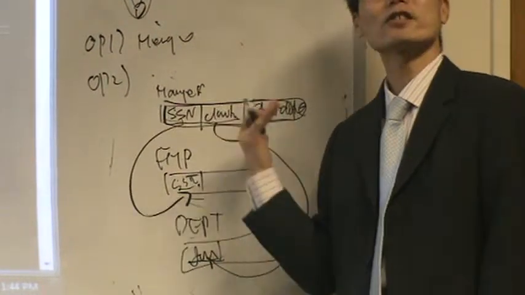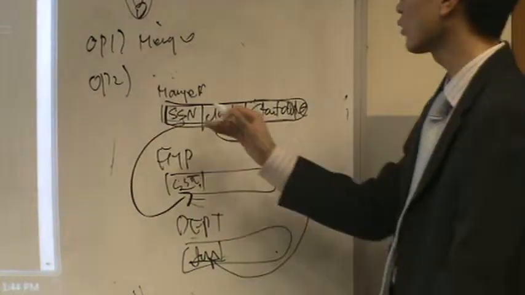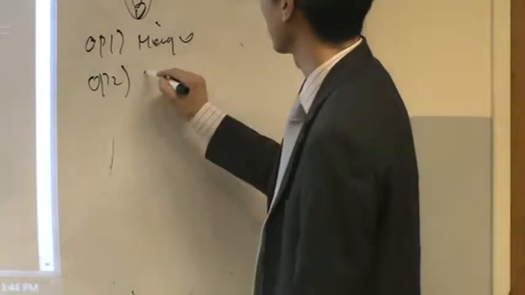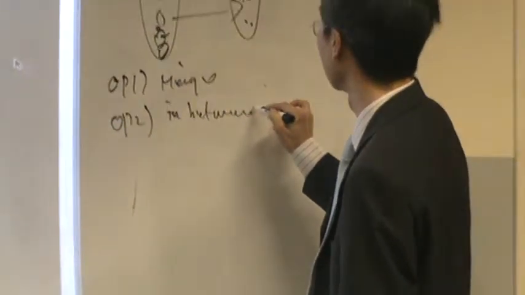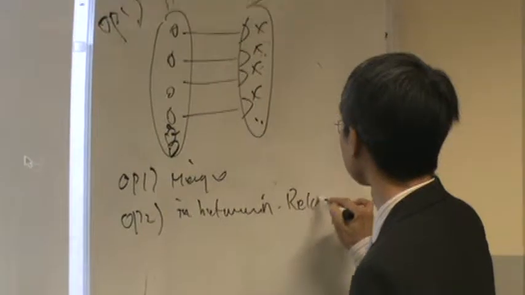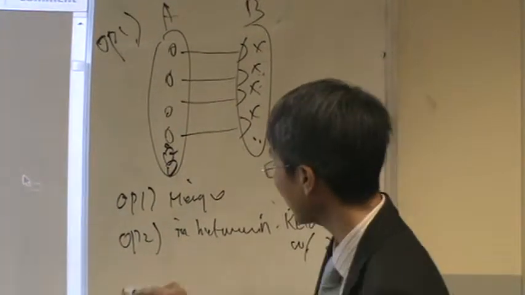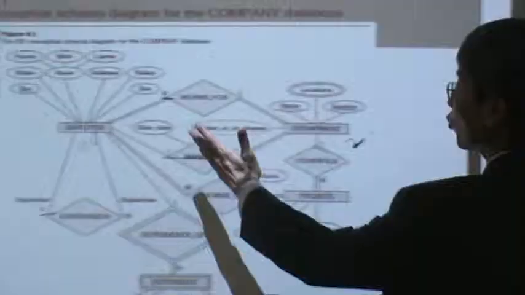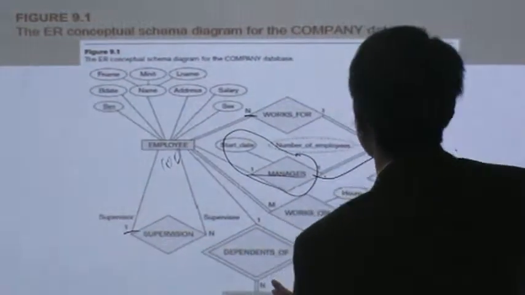Okay. This is the second option. So we can create another relation with 2 foreign keys. The second option is we create the in-between relation with 2 foreign keys.